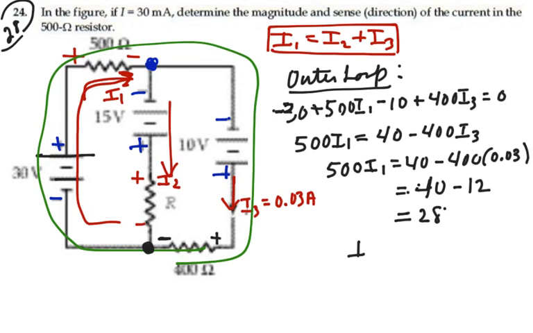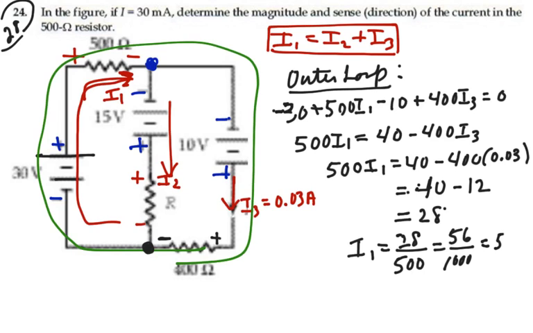So in other words, I1 is equal to 28 divided by 500, which I could write as 56 divided by 1,000, which is 56 milliamps, or 0.056 amps.